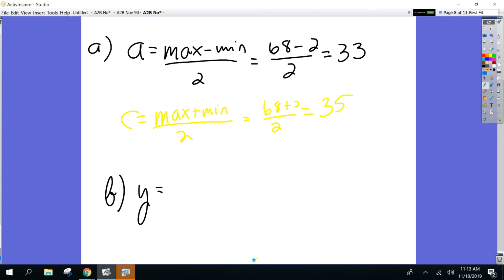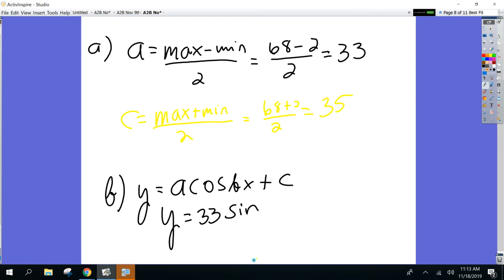Let me review from Friday. Here we go. Cosine bx plus c, or sine, whatever the case is. What number should I be putting out in front now? 33. Y equals 33. In this case, it's sine, because they tell me it's a sine curve.